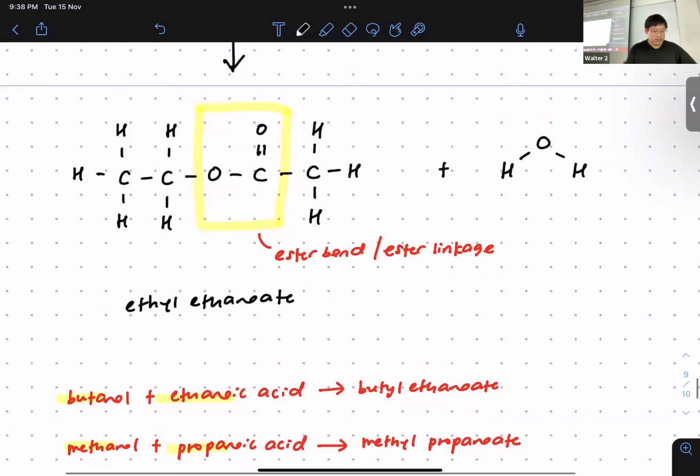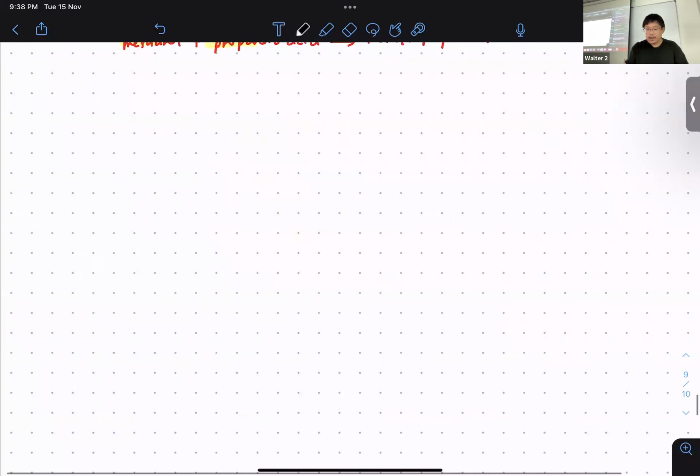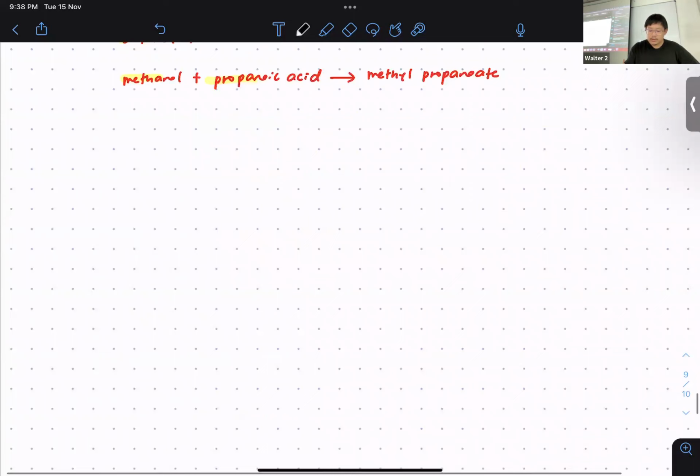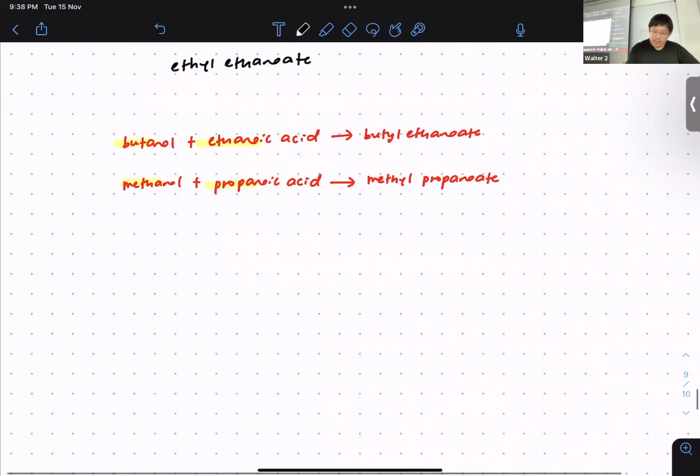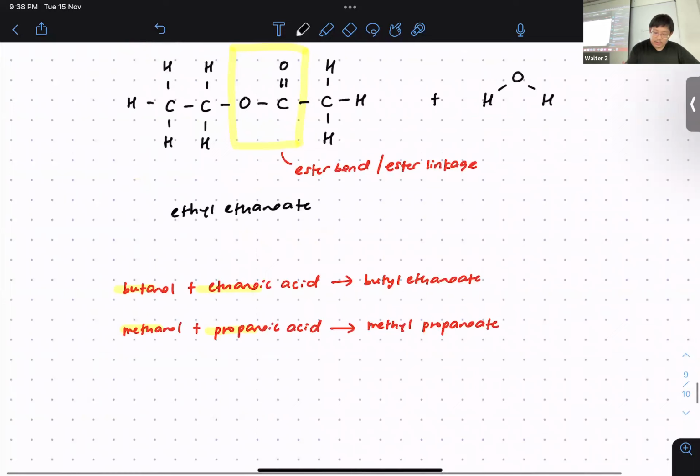All right. So now we're going to move on to the last, technically one of the last molecules, which is the carboxylic acids.